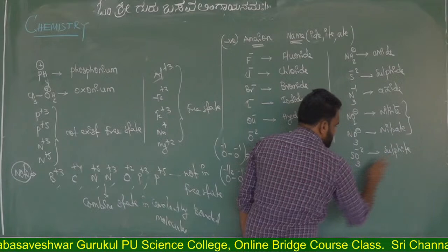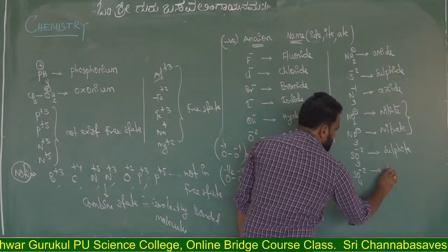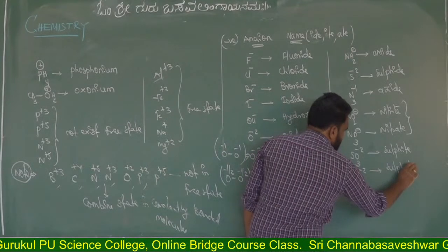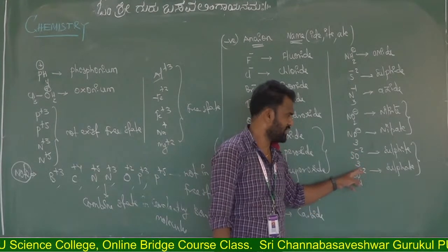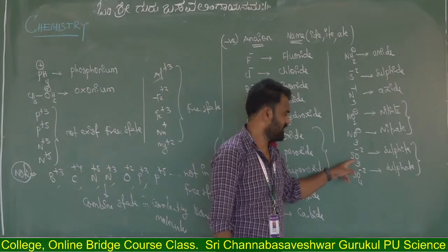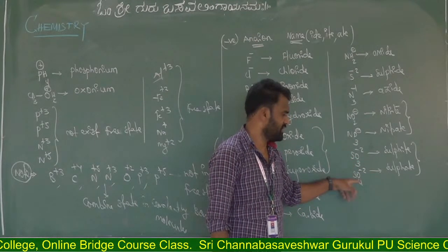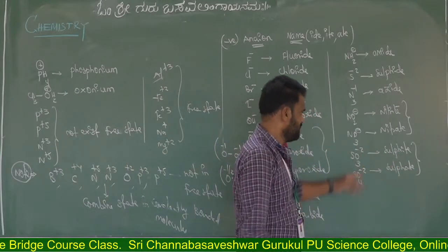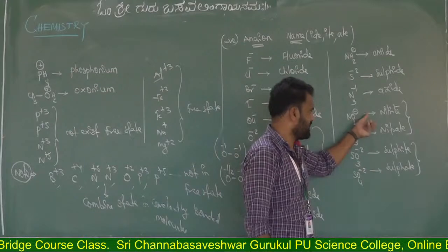Next SO4 minus 2 is sulfate. Here SO3 minus 2 and SO4 minus 2: the charges are the same, but the only difference is oxygen. Here 3 oxygens, here 4 oxygens. This is sulfite, this is sulfate. So nitrite, nitrate, sulfite, sulfate.